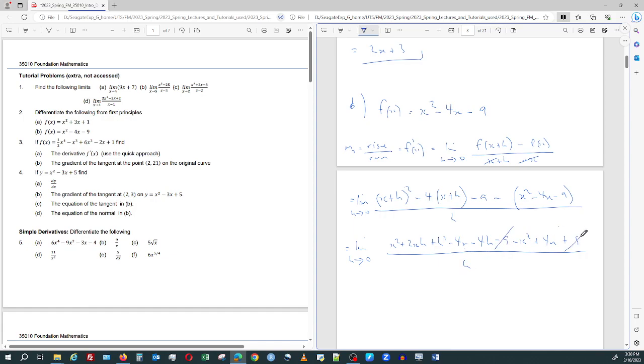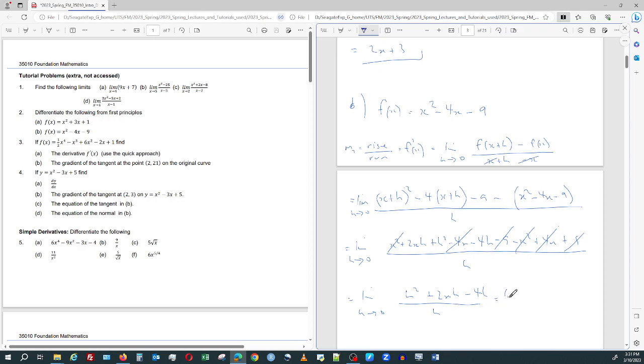So we get the cancellations in 9 plus 4x minus 4x, x squared minus x squared, so all the apples minus the apples are gone, and limit as h approaches 0 is h squared plus 2xh minus 4h all divided by h.